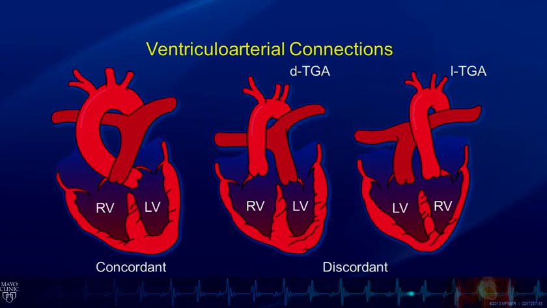In patients with D-transposition, as demonstrated in the middle panel, the aorta comes off the right ventricle and the pulmonary artery off the left ventricle. So that is abnormal, and these patients can't survive long unless they have an intervention.